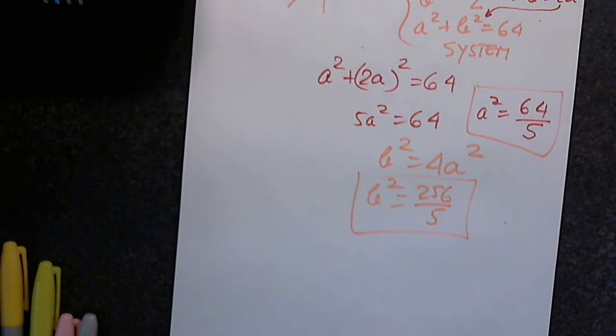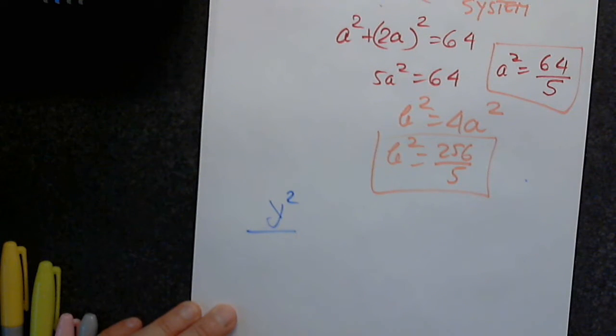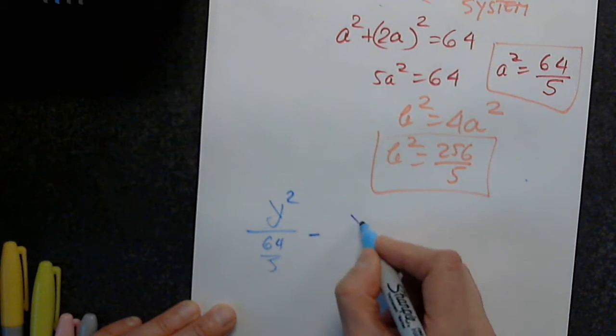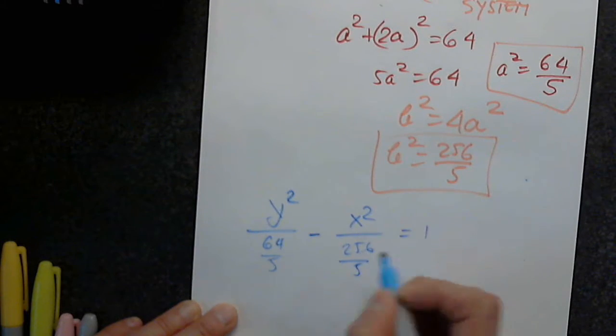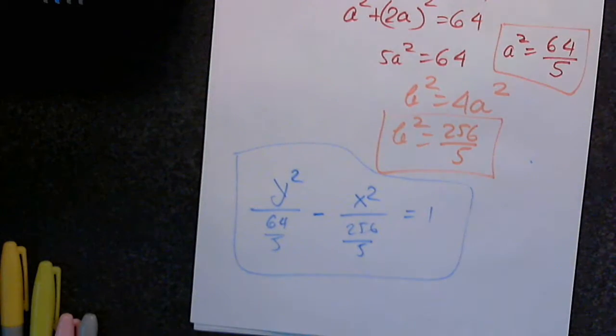So the equation appears to be y squared over 64 over 5 minus x squared over 256 over 5 equals 1. For now, we claim that this is the equation. So we have to go back and check two things.